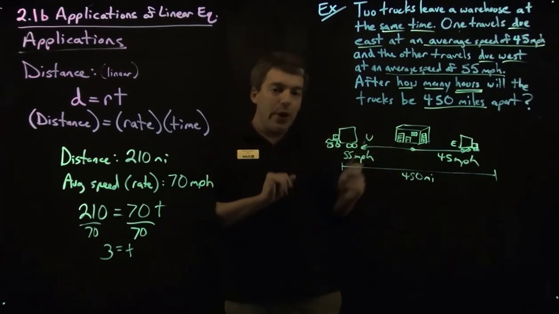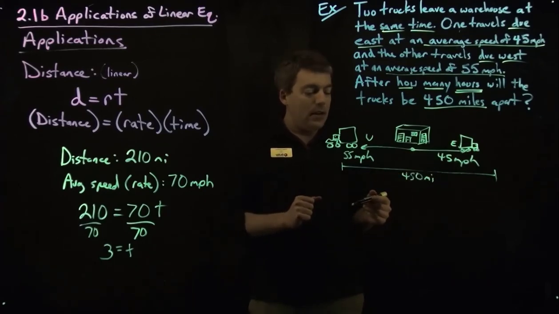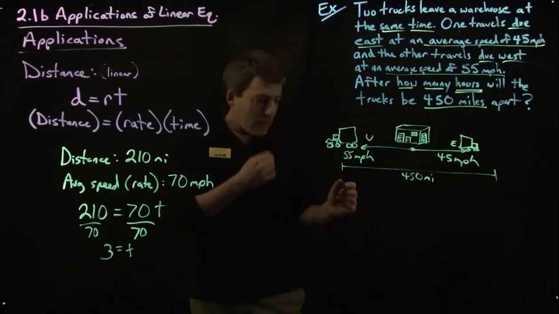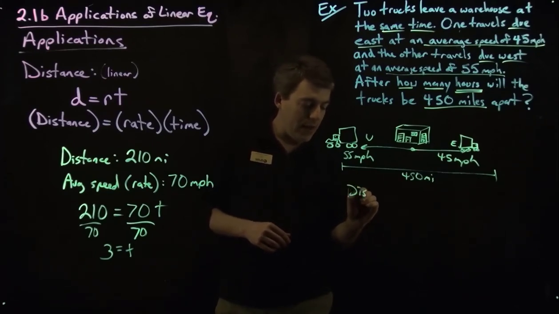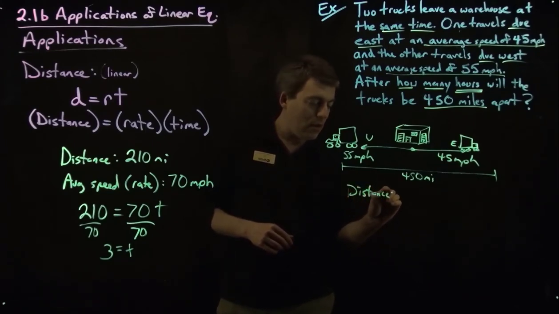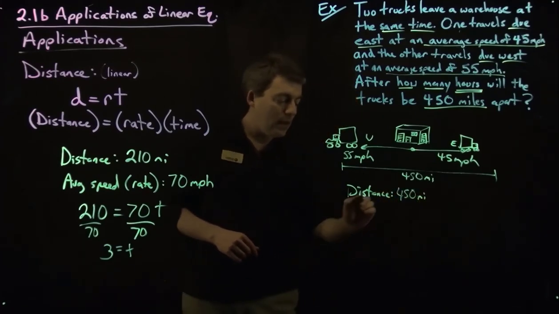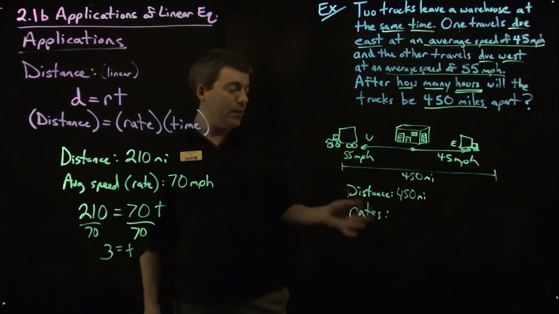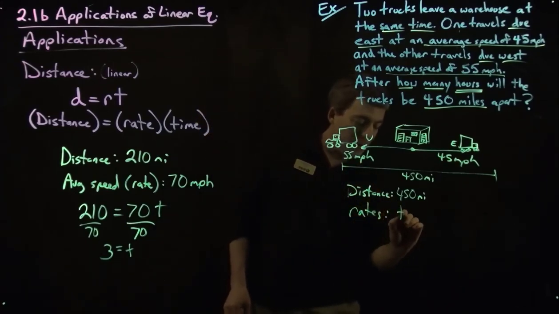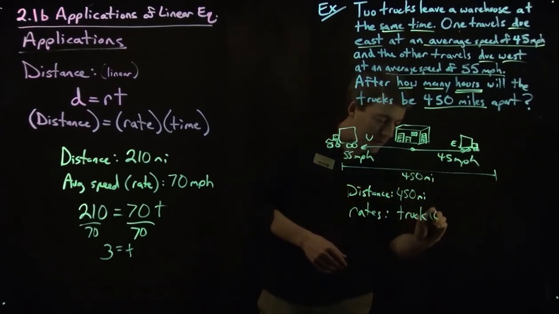Okay, we can set up an equation to find that. Okay, so we're interested in the distance. Let's just write that down. Of 450 miles. And our rates are going to be different for the two trucks. So let's write it down. So we've got truck, let's call it truck east.